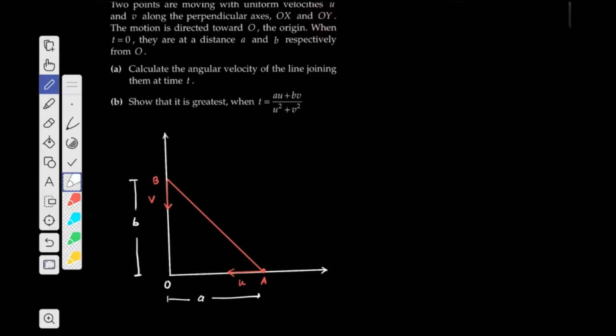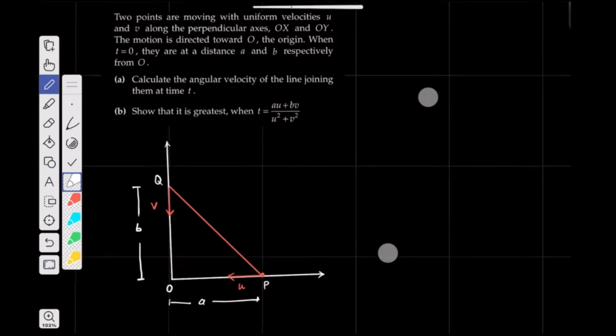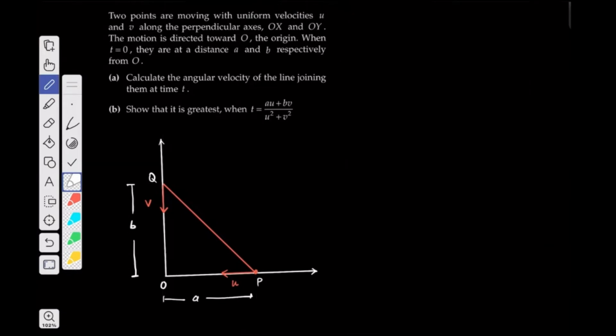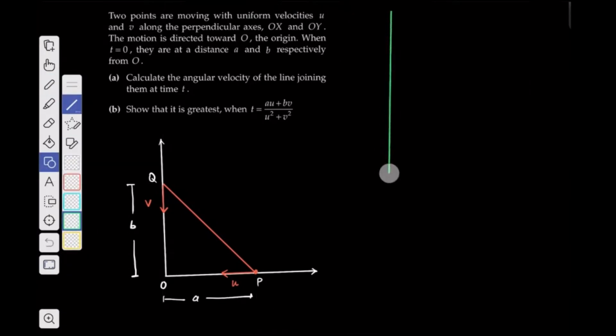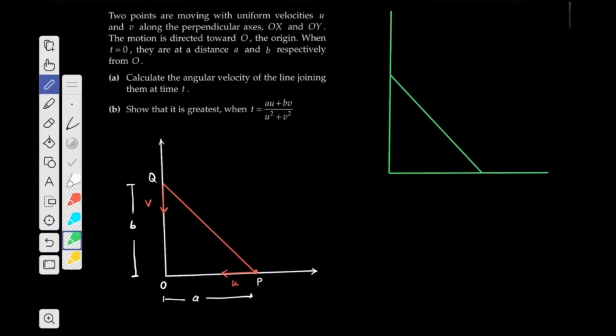Maybe I'll name these points P and Q. That will be better. Now, if I ask you what exactly their positions will be after a certain time t, draw another figure for that. After some time t, they will move some distance in the direction in which they are moving.